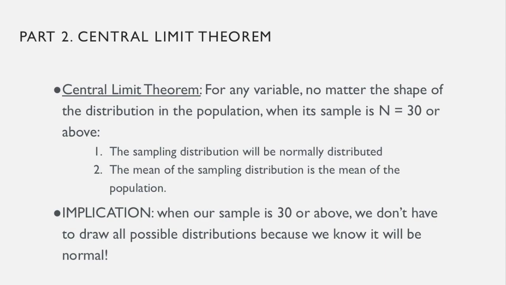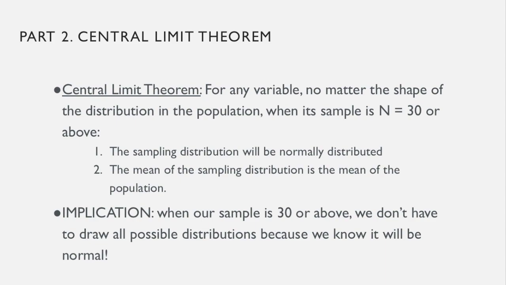But the central limit theorem helps out. The central limit theorem says that for any variable, no matter the shape or distribution in the population, when the sample is 30 or more, then we know that the sampling distribution, which is the sample of all samples, will be normally distributed.